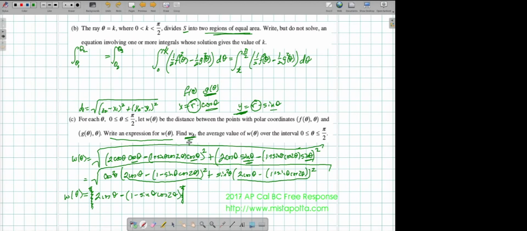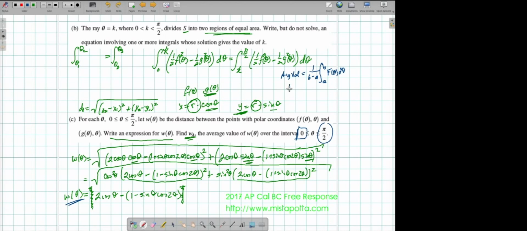So it says find w of a, the average value of w theta, over the interval 0 to pi over 2. Now, recall, and I'm going to do this in a different color just so it's not as confusing, that the average value is 1 over b minus a times the integral from a to b of whatever my function is. My function in this case is w. b is pi over 2, and a is 0.